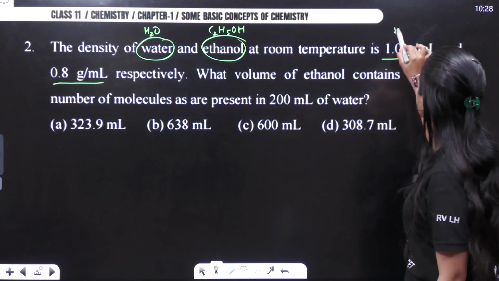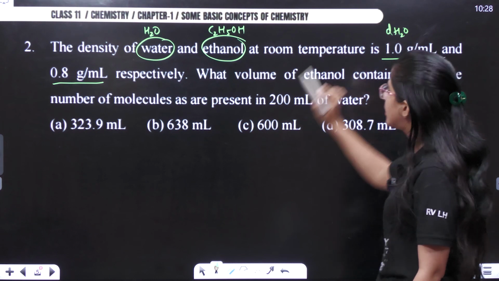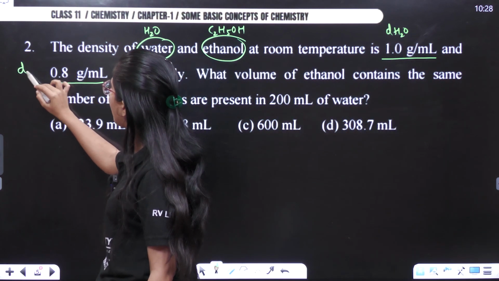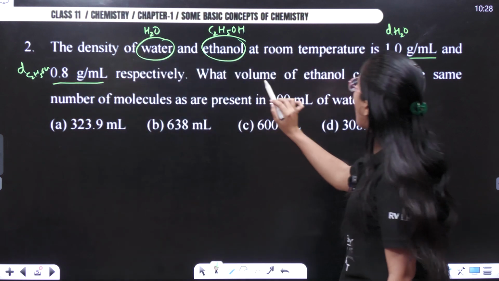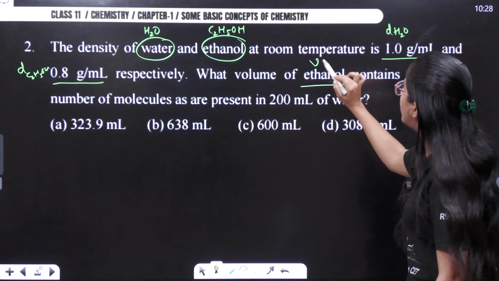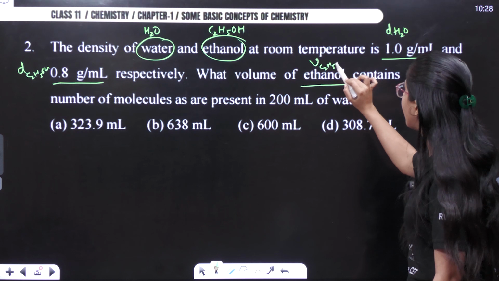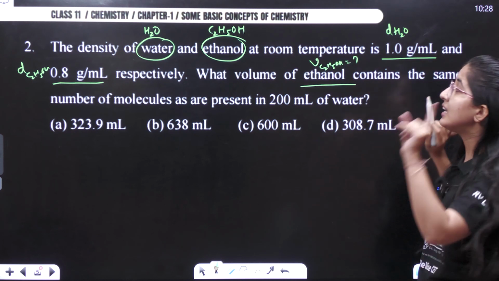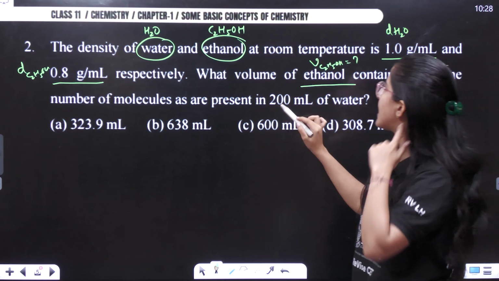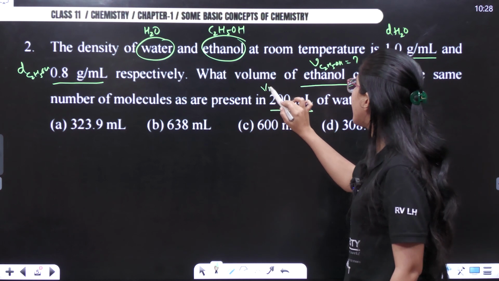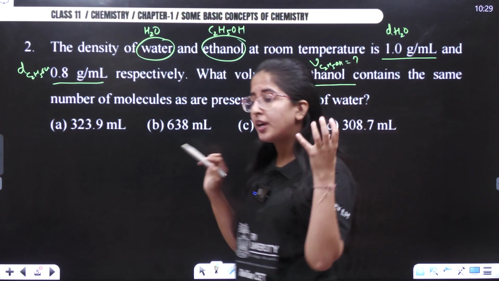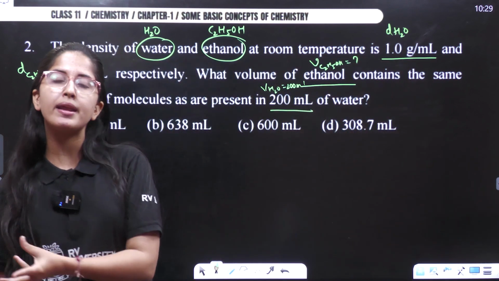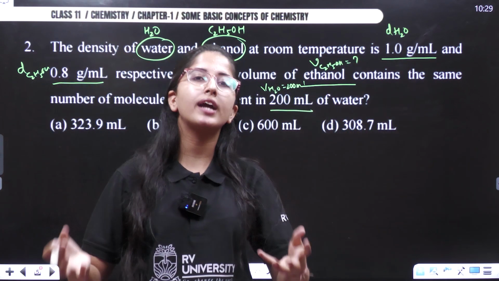So this is the density of water, and this is the density of ethanol. Now they have asked what volume of ethanol you have to find that contains the same number of molecules as present in 200 ml of water. So if you take 200 ml of water and X ml of ethanol, both should contain the same number of molecules.